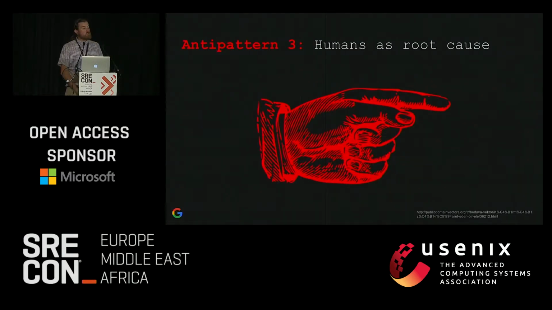So humans as a root cause, if you've seen the talks we've done before on postmortem culture or the article or the chapter in the SRE book, we never count humans as a root cause. And we don't want to have humans as the last why in a root cause chain. There's a couple of reasons for this.